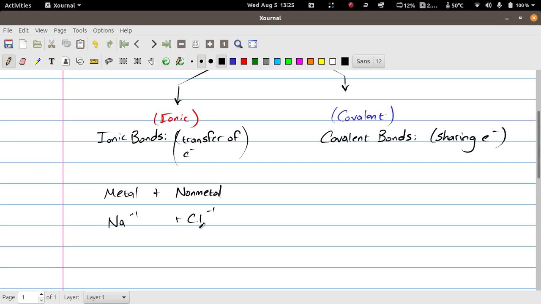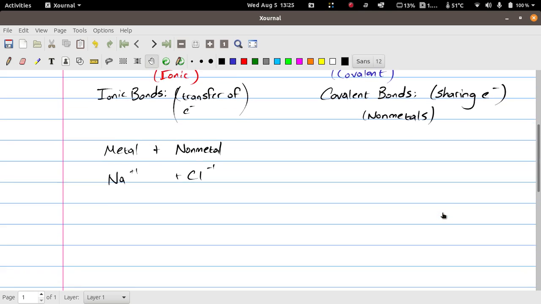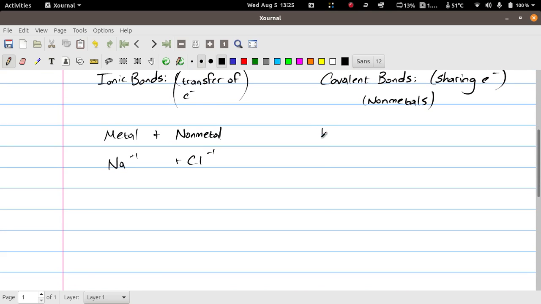All right. This is kind of just like a review of last time, but since we know that an ionic bond has metal, non-metal, and covalent is just non-metals, I'm going to give you a chart. I'm not going to go over it right now, but this is more for you to practice, and then we'll go over it in class.